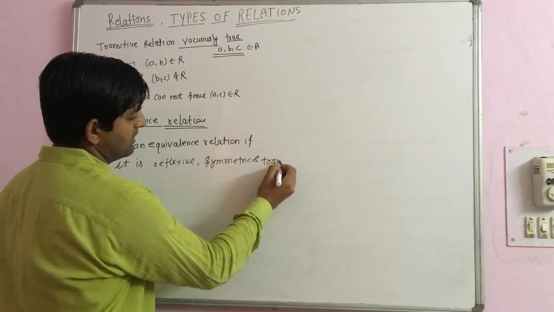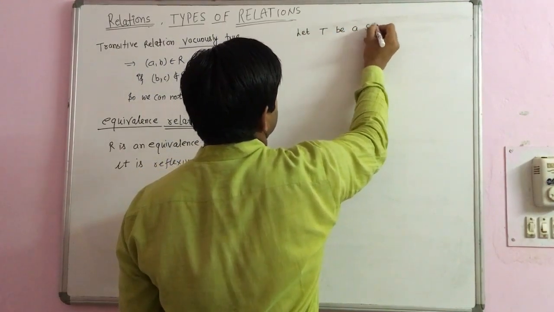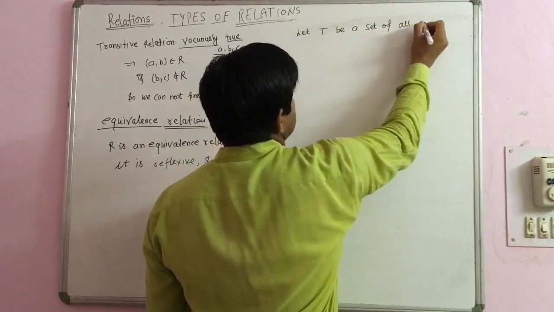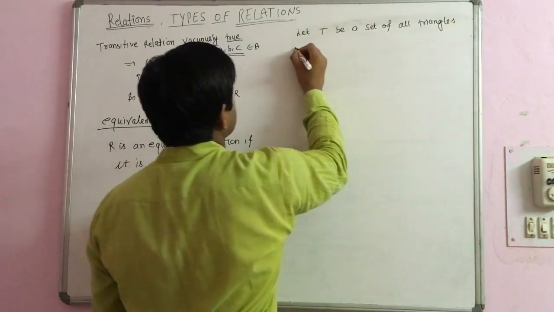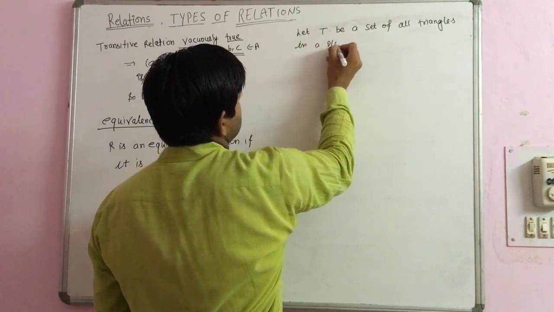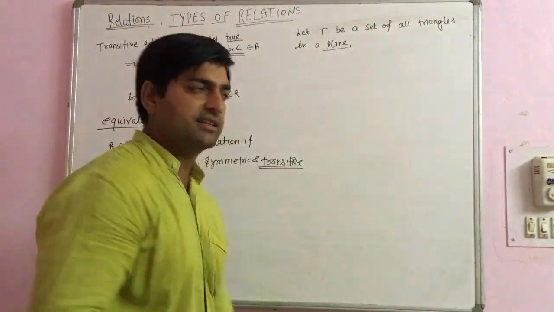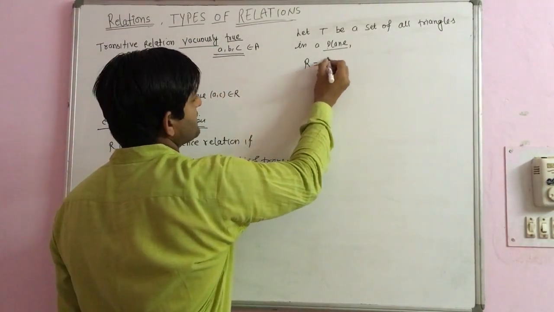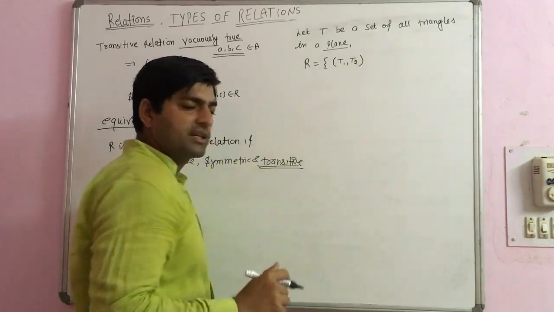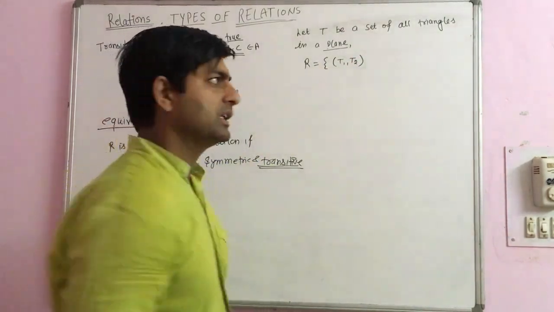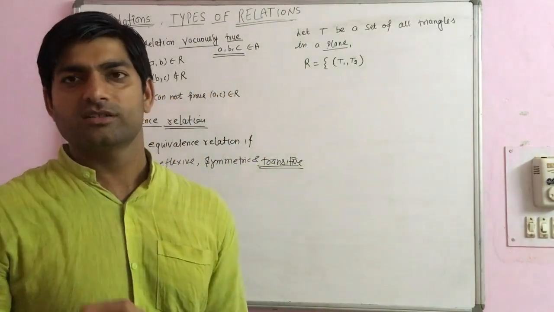Let T be a set of all triangles in a plane. And a relation R is defined there as T1, T2. Just what we are taking, two triangles, T1, T2, and how T1, T2 are related. This is the important concept.